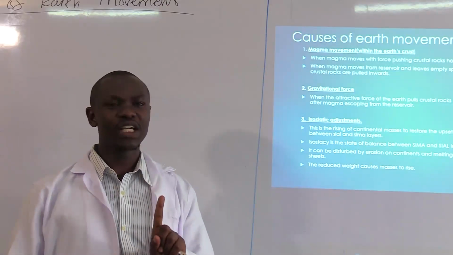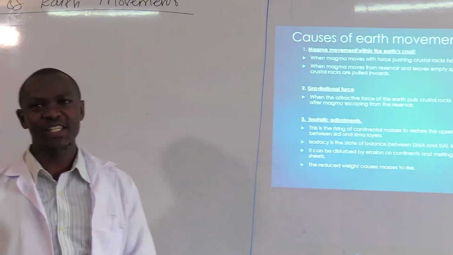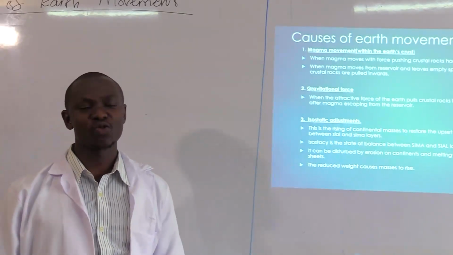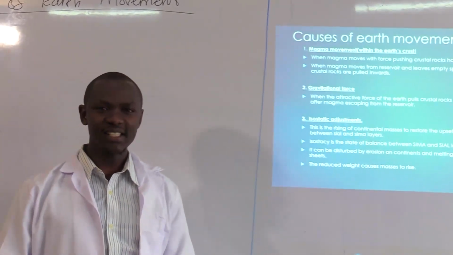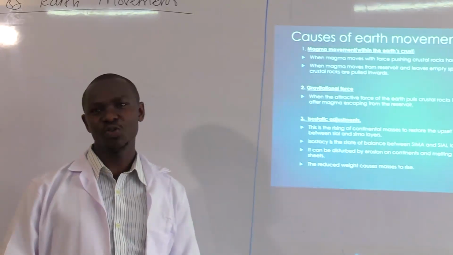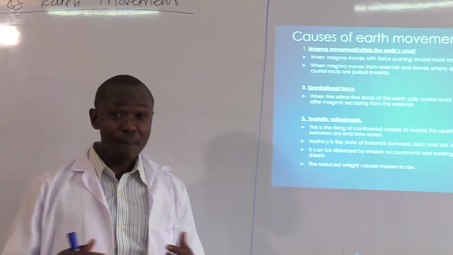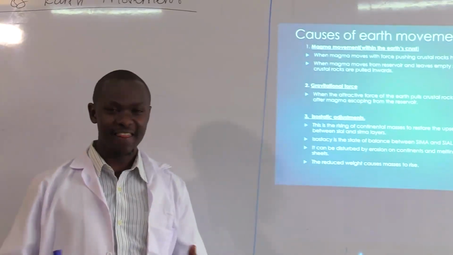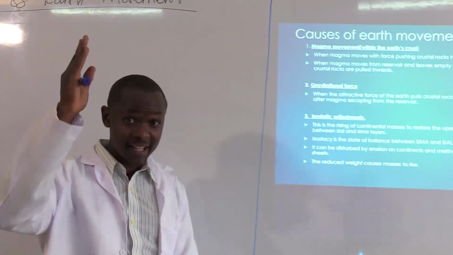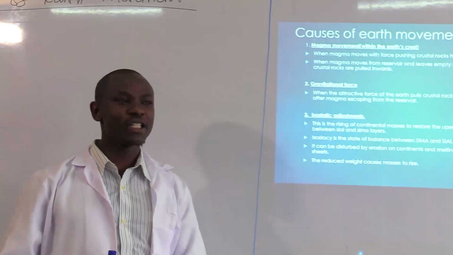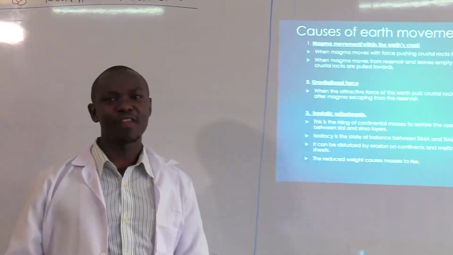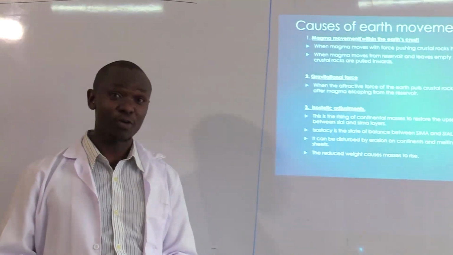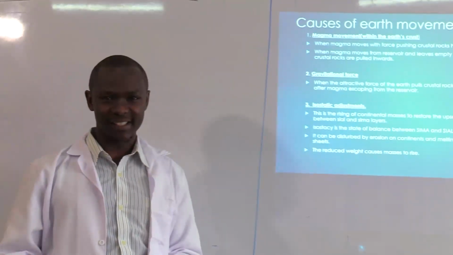The first is vertical earth movements, where crustal rocks move along the vertical plane, either towards the earth's surface or towards the center of the earth. Basically, it is the movement of crustal rocks along the radius of the earth.